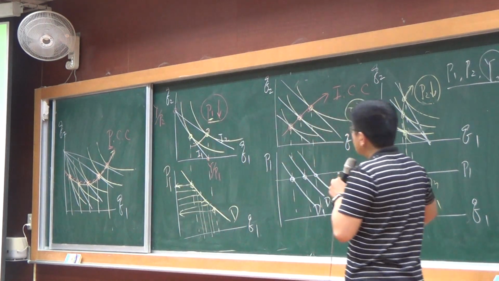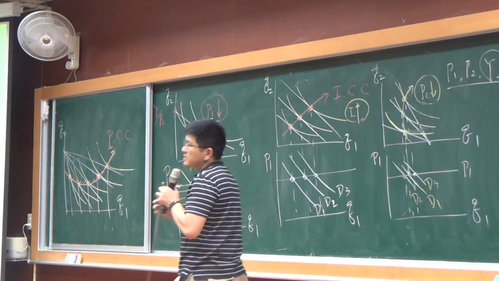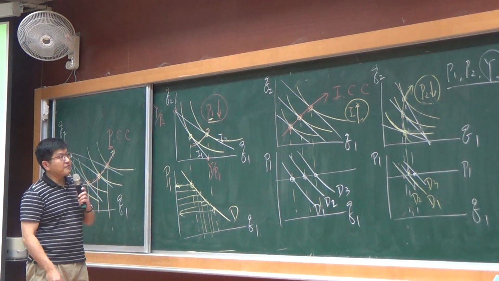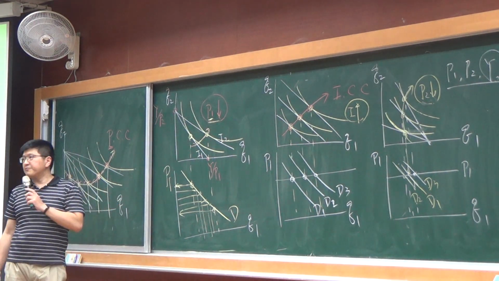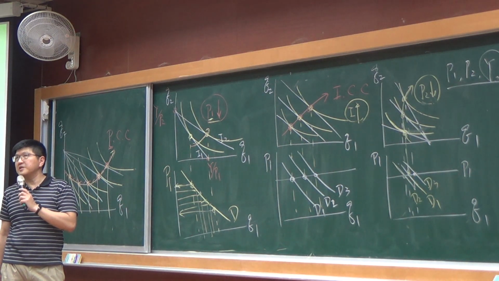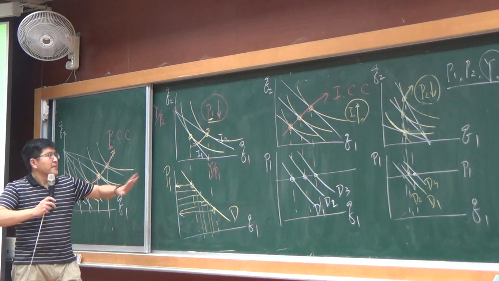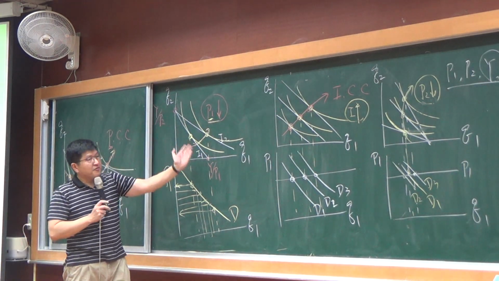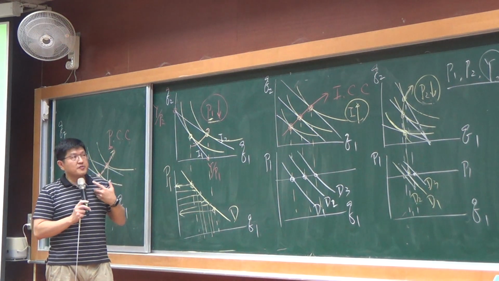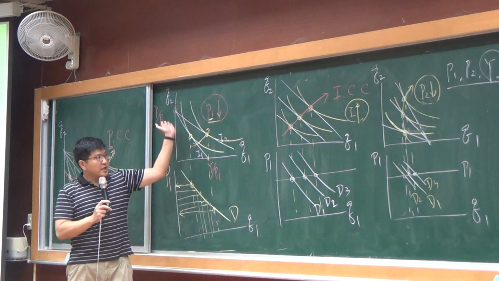But here, I want you to know two things. The first thing is that the demand curve can be derived by the indifference curve and budget line approach. So we have subjective preferences, our tastes, and the objective constraint.